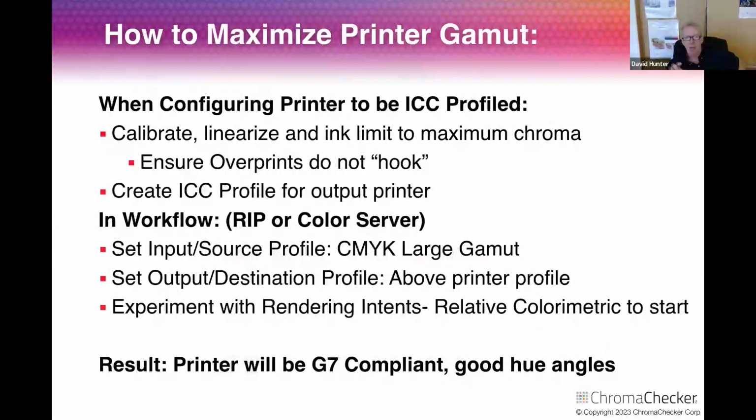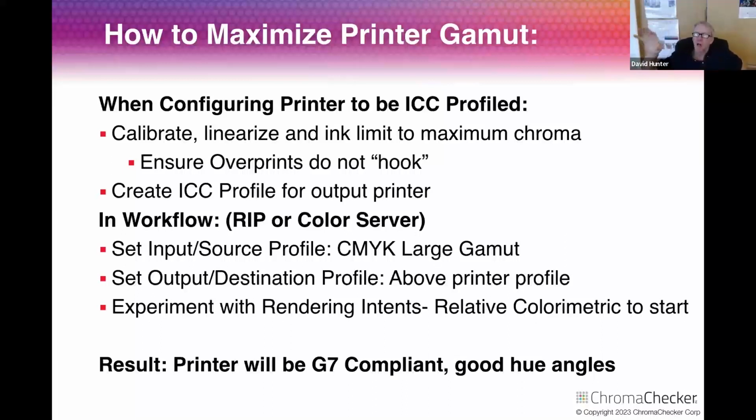So in the printer, to configure the printer to be ICC profiled, you want to make sure it's calibrated in a stable condition, linearized and ink limited to give you maximum chroma. You want to look at your hue angles on the chroma and make sure they don't overly hook down and in, meaning they're losing saturation as you add more ink to it. You want to keep that color as pure as possible.